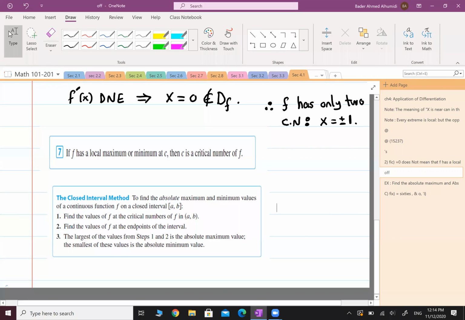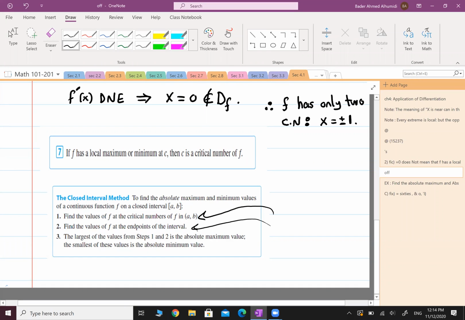The first step says find the values of f at the critical numbers inside the open interval. So find all critical numbers. Clear? Then find the values at the endpoints.